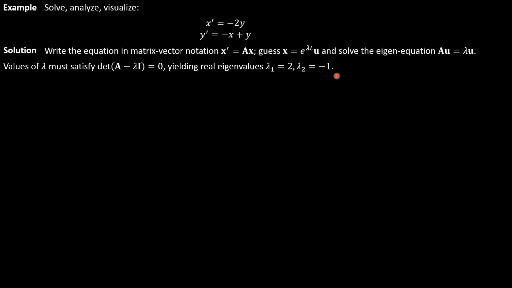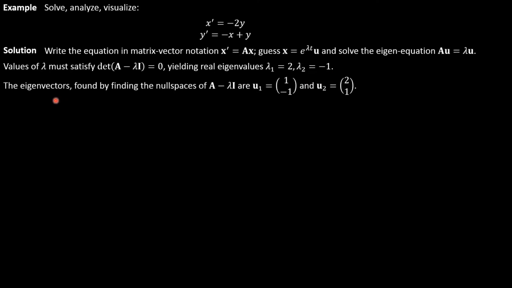So this time we have 2 real eigenvalues, 2 and -1, and the eigenvectors are found to be (1, -1) and (2, 1). Which are found by computing the null spaces of A minus lambda I for those 2 values of lambda. And therefore the solutions are this and this. And any linear combination is also a solution.